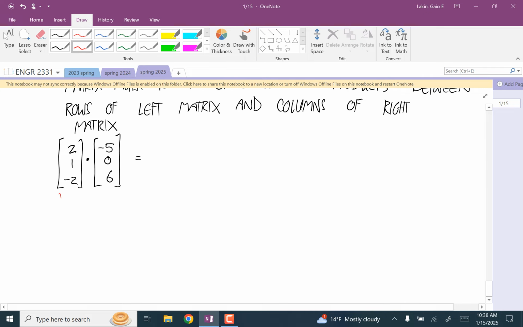So we'll take the transpose of this, and now we can write this as the matrix multiplication 2, 1, negative 2 times negative 5, 0, 6.